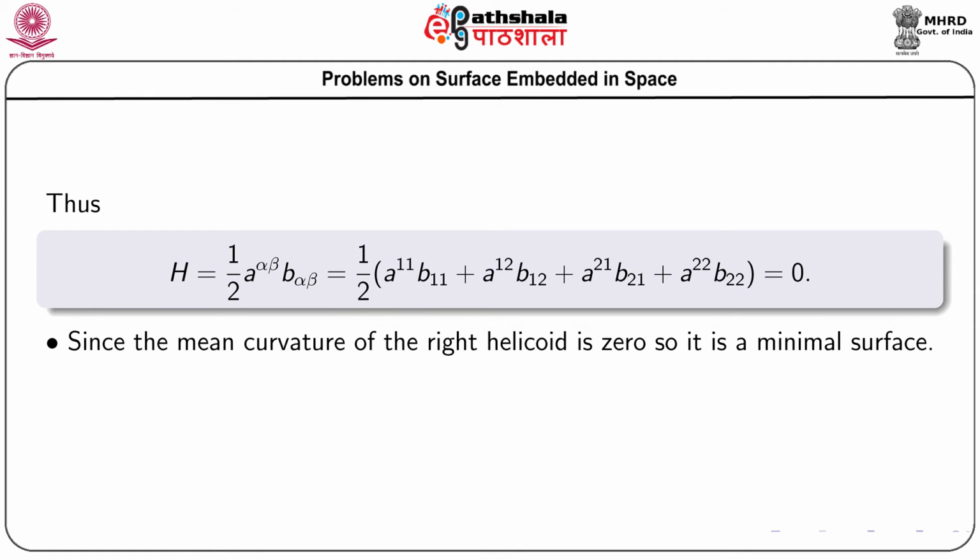That means the mean curvature is 0, and so it is a minimal surface. So, the right helicoid is a minimal surface.